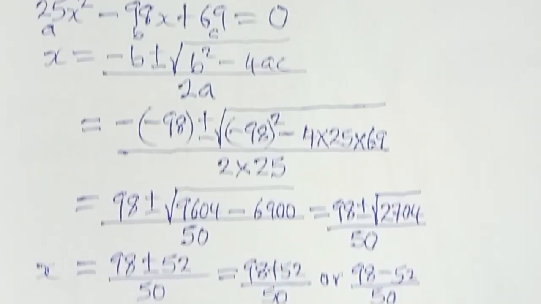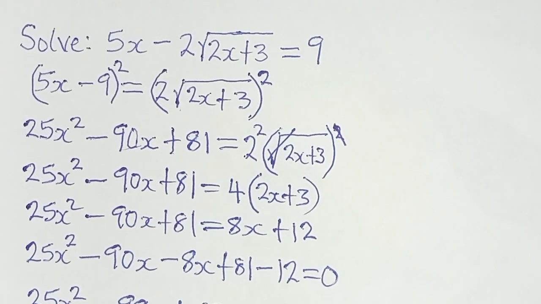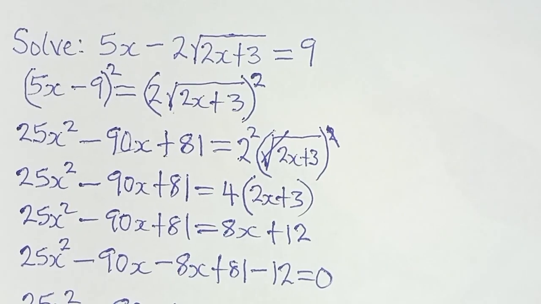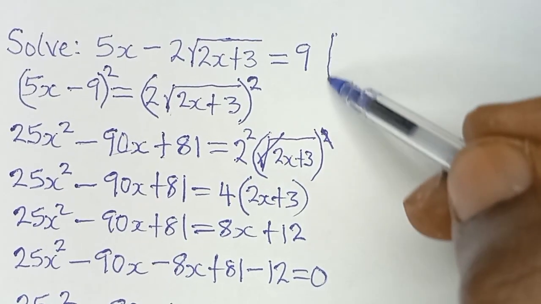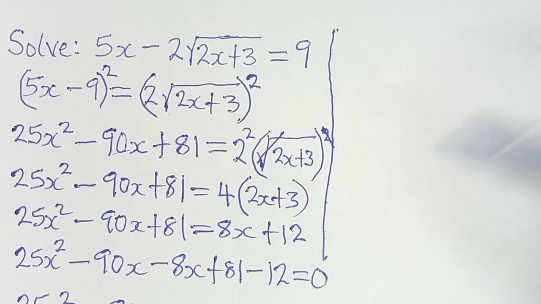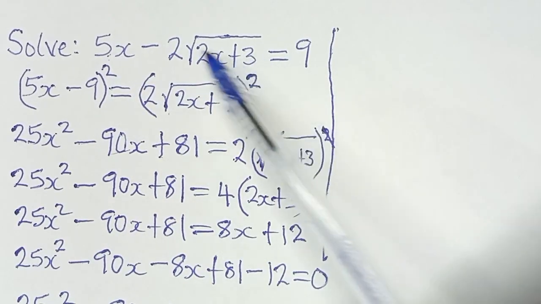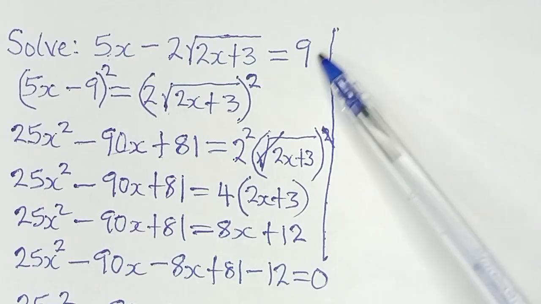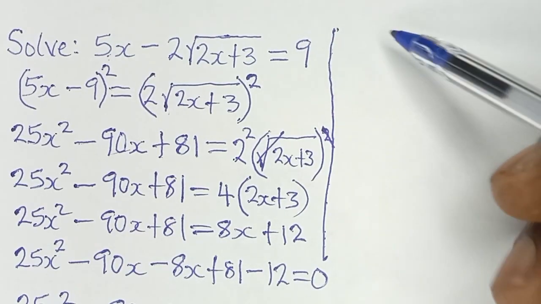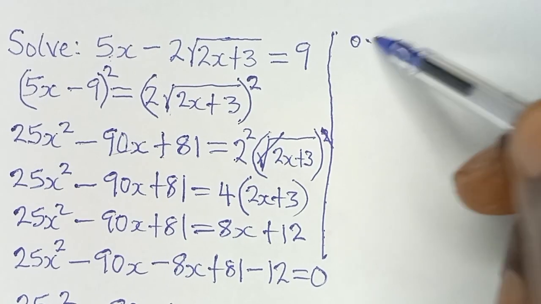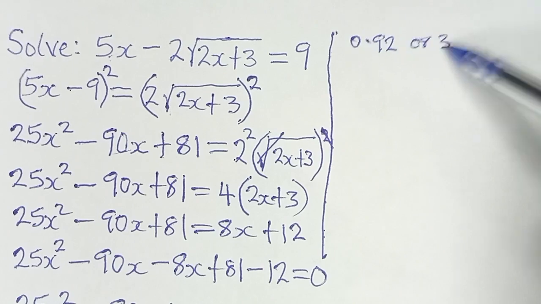So let me go back to the original equation. Yes, this is the original equation. So I'll rule a line here and simply make the test. Now, in order to test, just take the part that carries x and see if it gives you the right hand side. So let's first of all test with 0.92. Don't forget we got 0.92 or 3 as our answer.